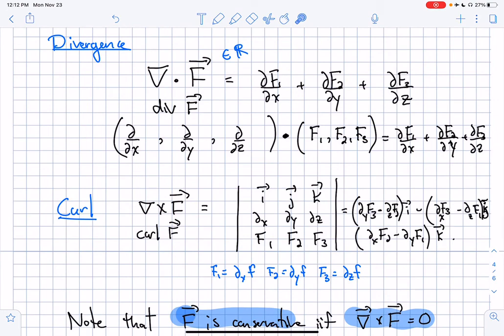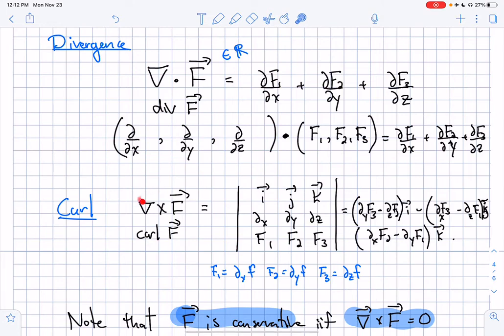The other operation you might imagine is related to the cross product. Same with the derivative operator, del x, del y, del z in each coordinate, and f1, f2, f3 for the coordinates of the vector field. And what you do is compute the curl of f. So the book used curl instead of that notation.